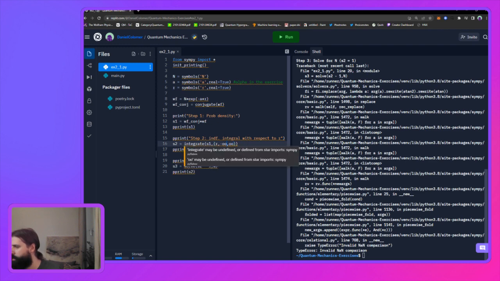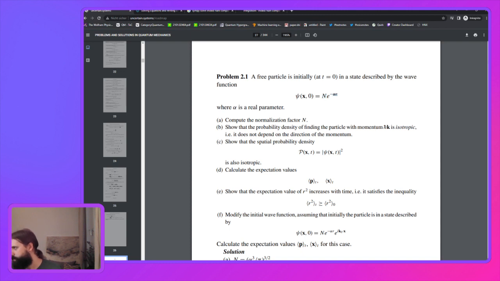Let's try something. Because this is a function of r, if r is a radius, the radius shouldn't be negative, right? We could do that from 0 to infinite. Maybe that's a better thing to do.